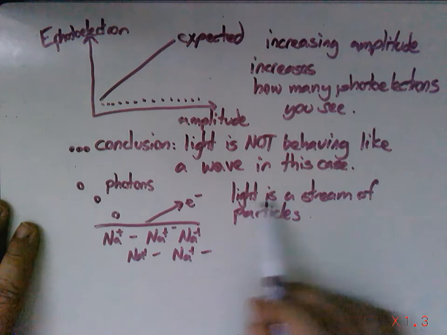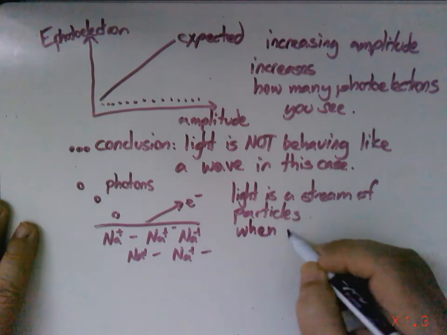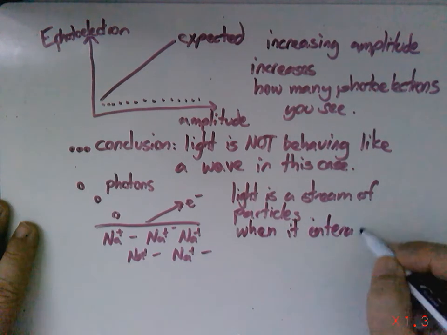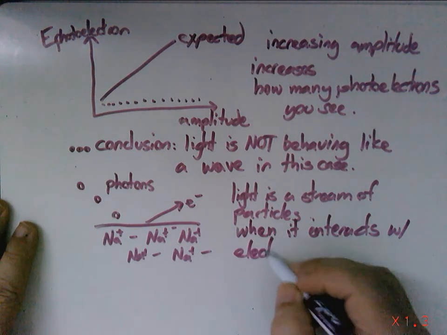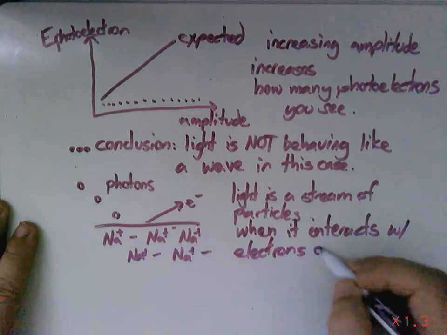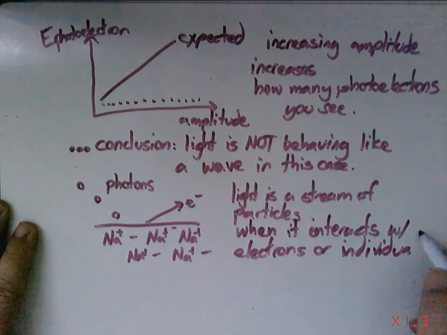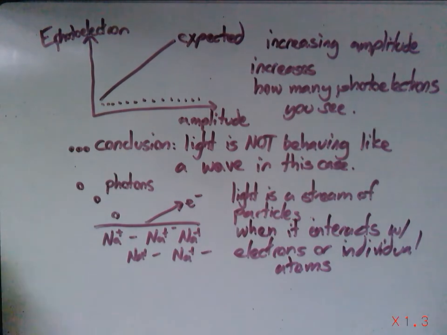So light acts like a stream of particles when it interacts with electrons or individual atoms. It's only going to act like a wave on a large scale. So this was the problem with this.